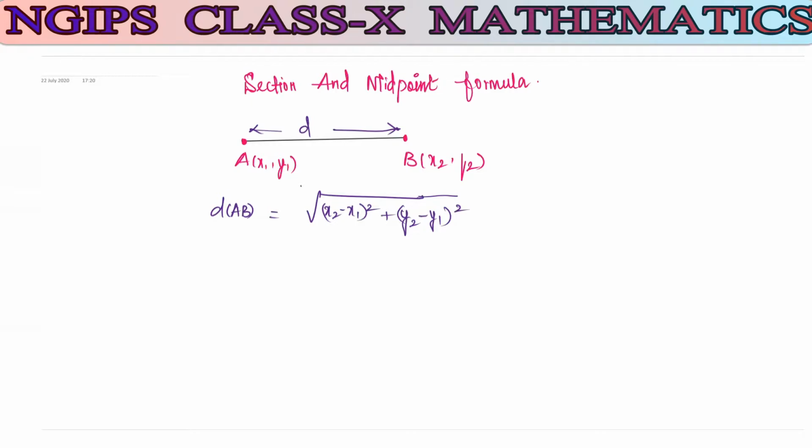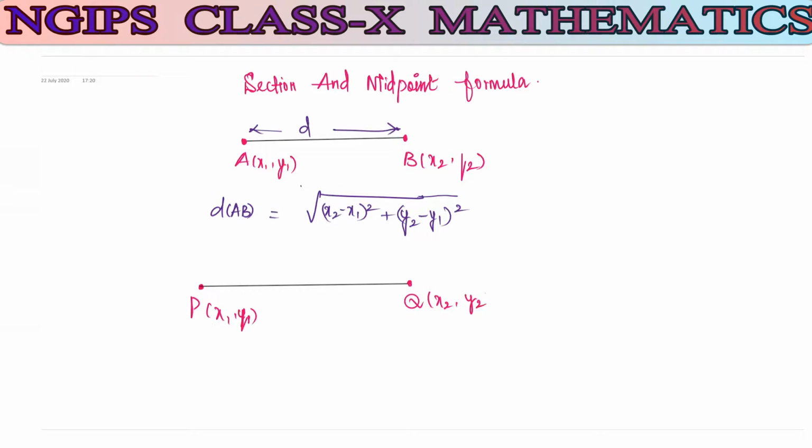And next here we will deal with the coordinates of a point which divides the line joining 2 points in the given ratio. For example, if I am going to consider the other line joining 2 points, I can take here this, it is going to be P, the point x1 comma y1, and here Q we have x2 comma y2.